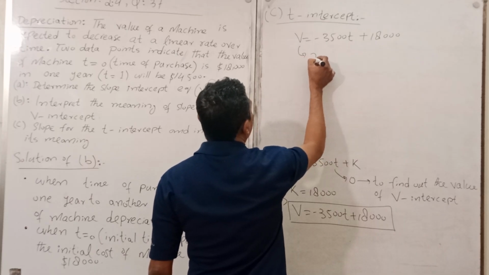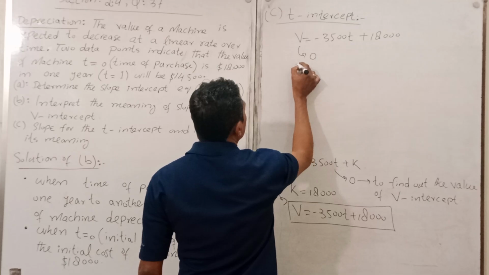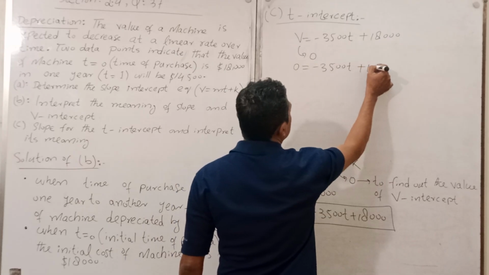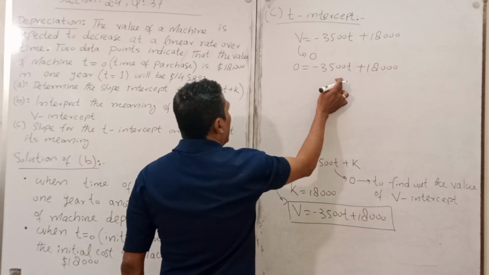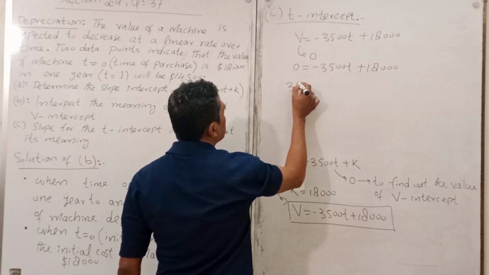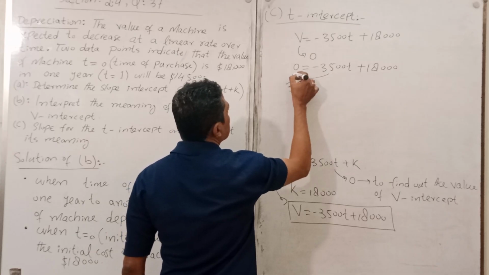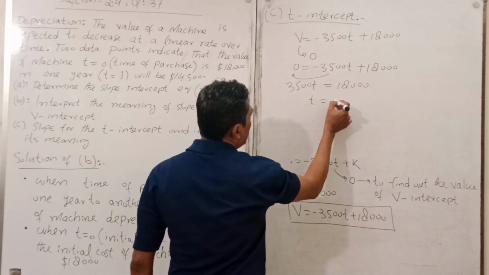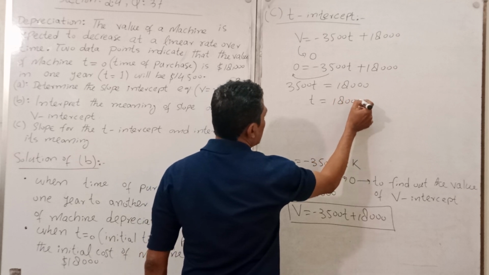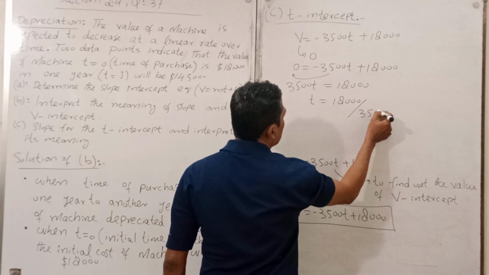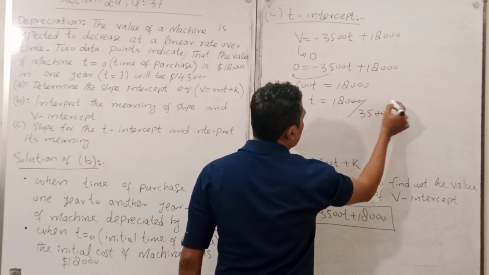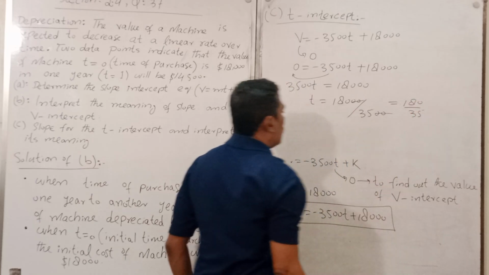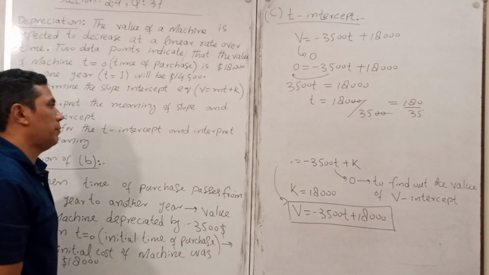So for the T intercept put V equal to 0. So 0 equal to minus 3,500 t plus 18,000, and move this one here. So T equal to 180 divided by 35.